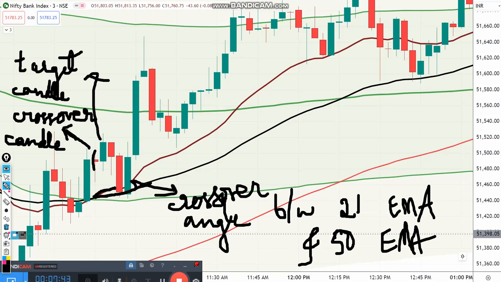So this is the crossover angle, but after that this is the VWAP band.